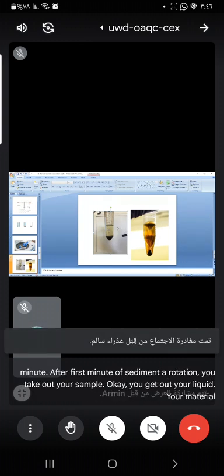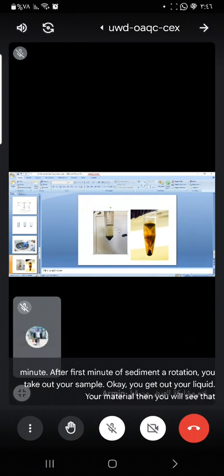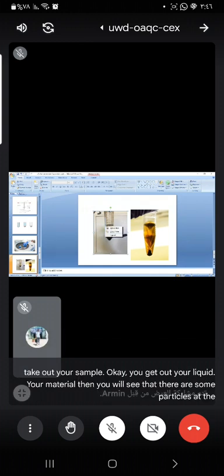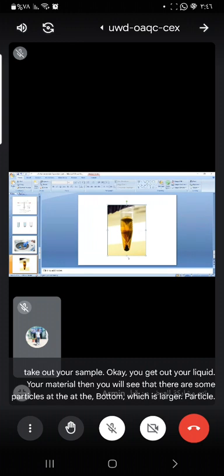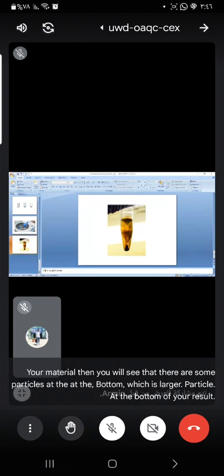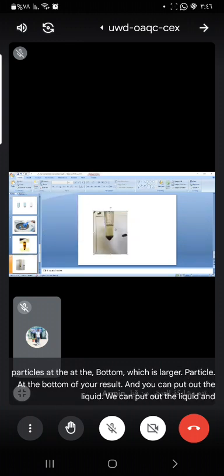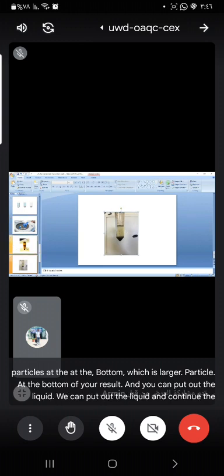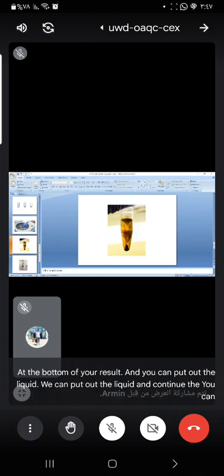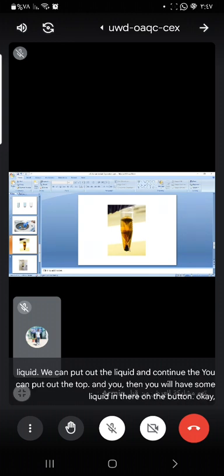Then you will see that there are some larger particles at the bottom of your vessel, and you can pour out the liquid, the top, and you will have some liquid on the bottom. Okay, this is the large particles.